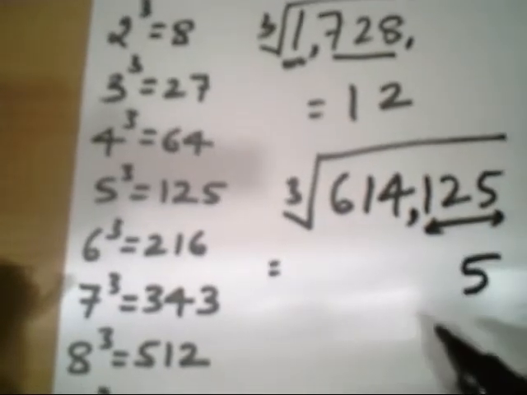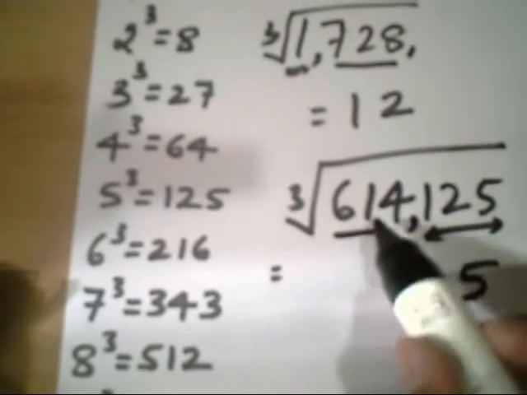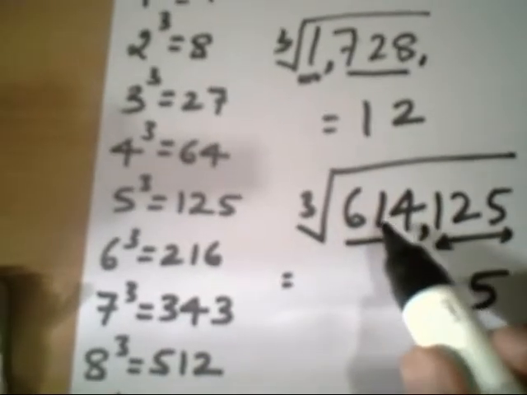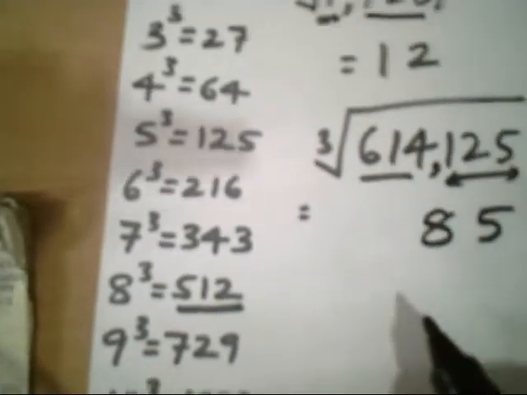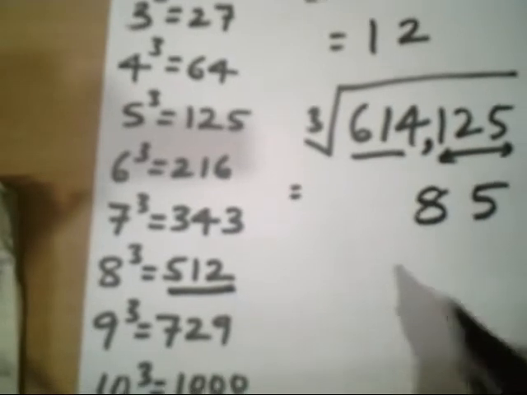Write 5. In the second group, I have got 614. See which maximum cube we can subtract from 614. From 614, the maximum I can subtract is 512. And 512 is 8 cube, so write 8. Notice here that I am not actually subtracting, I am only observing and writing the answer. So the cube root of 614125 is 85.